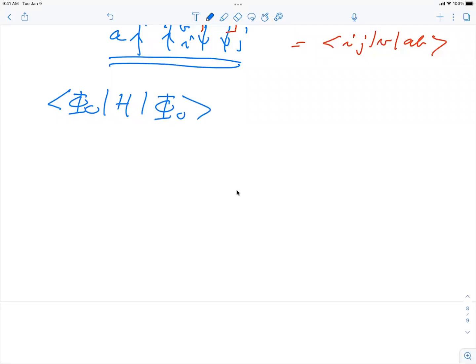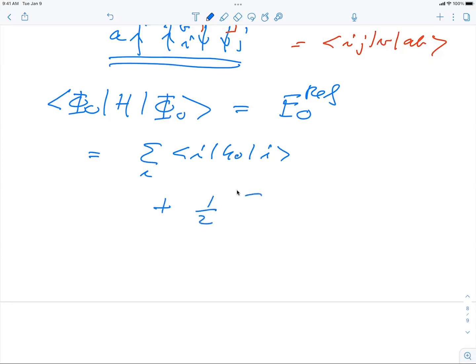what we found is that this is a quantity we are going to call the reference energy, because we have a reference state. And it was given by a sum over I, all the states below the Fermi level, of the matrix element ⟨I|h0|I⟩, plus the two-body interaction, a sum over I and J of the matrix elements ⟨IJ|v|IJ⟩.